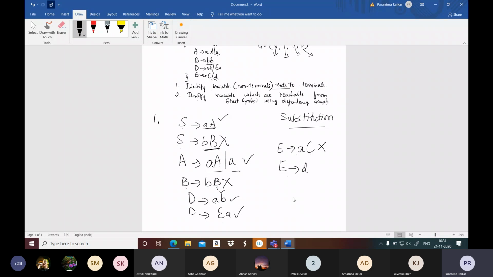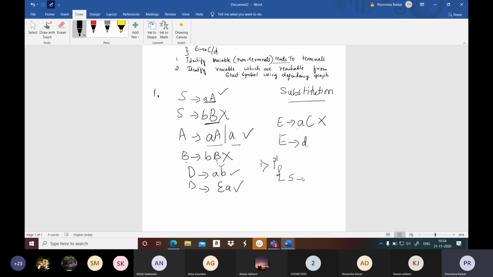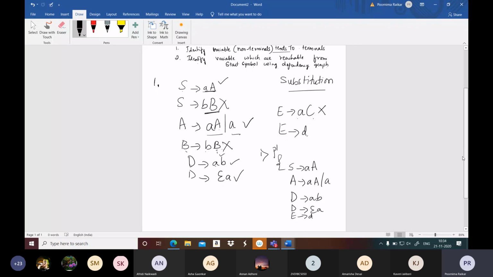So after the first step, what are the rules I got? I'll consider this as P dash. So what is my P dash now? S goes to AA, which tends to terminal, then A with AA and a I can consider, then D with AB, D with EA, and E with d I can consider, but not AC nor BB, because B always remains capital only.